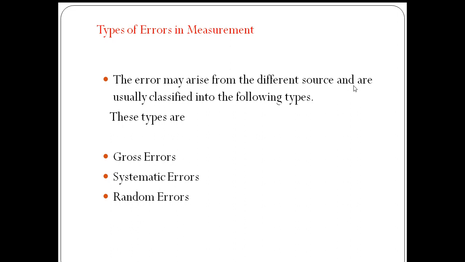Gross errors normally happen due to human mistakes. Suppose a person is reading a value and after some time notes it down. He observes the reading in one location, and after 5 or 10 minutes he goes to the record room and notes down the readings.